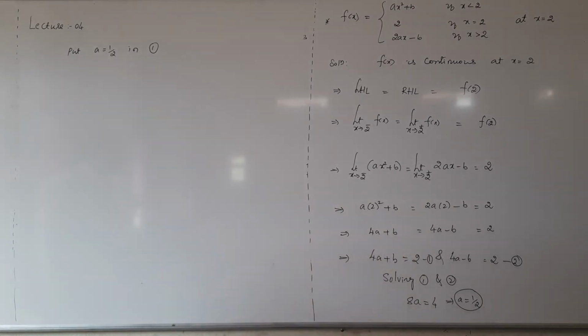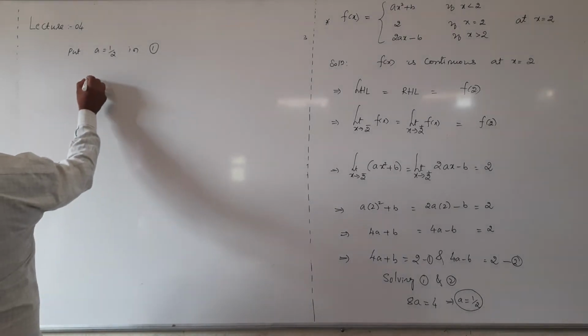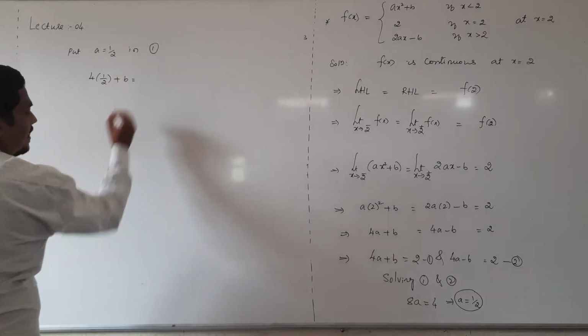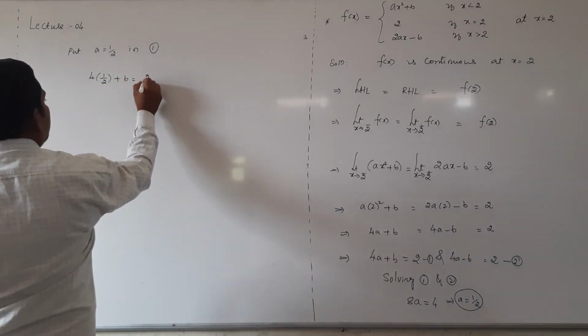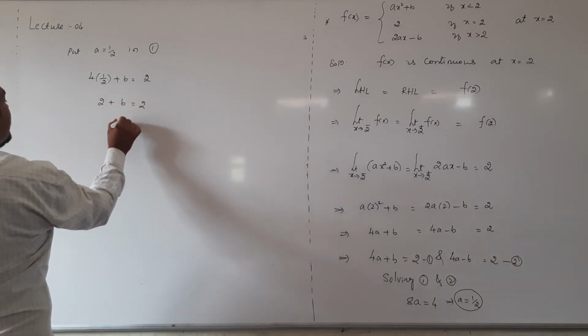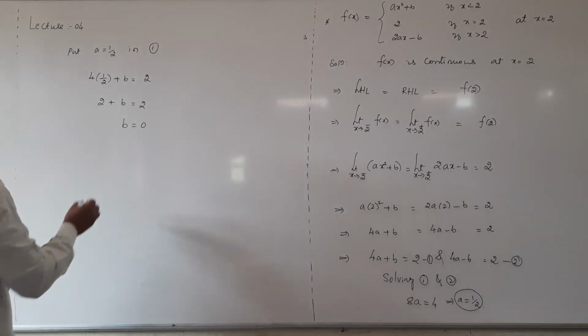I will put it in equation number 1. Then it will be 4 into 1 by 2 plus b equal to 2. Then 2 plus b equal to 2. Clearly b equal to 0.